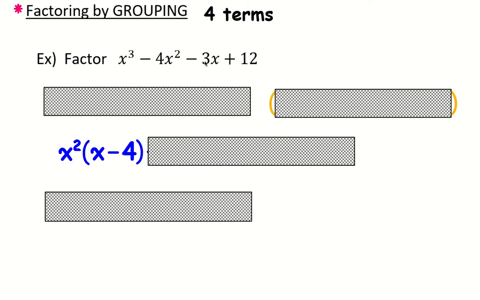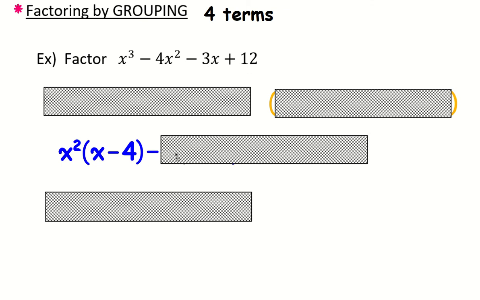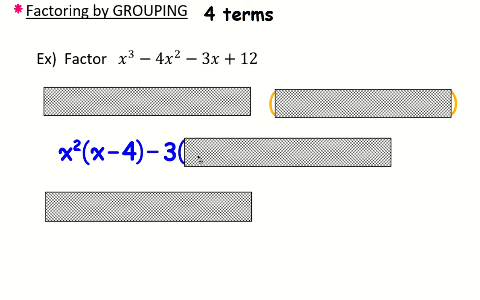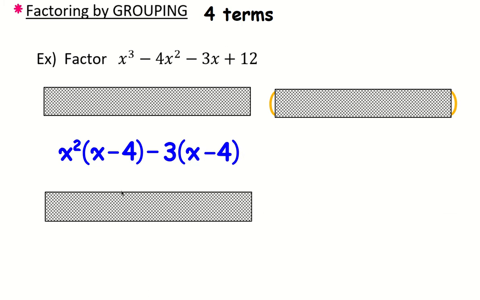Remember, when the leading term is negative, I've said this before, this isn't new, you would include a negative in your GCF. So what's the GCF of -3x and 12? Well, wouldn't it be -3? And then when you divide a -3 away from each term, what you're left with is x and then -4.